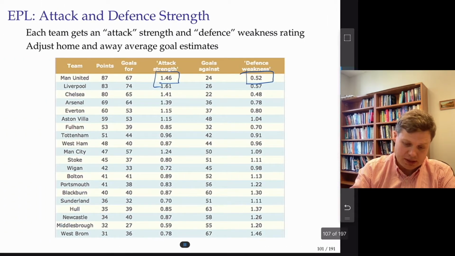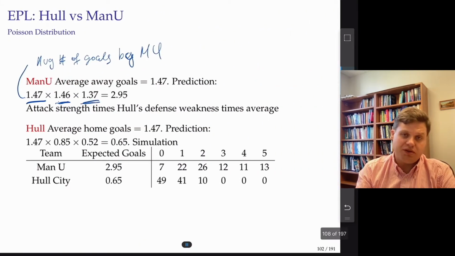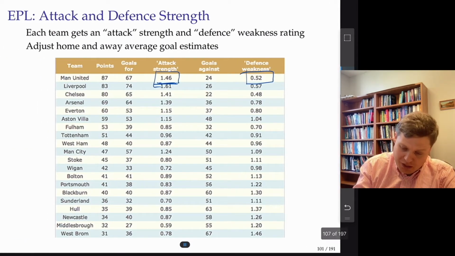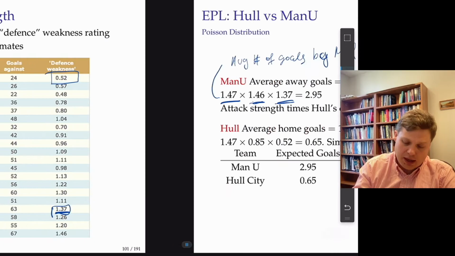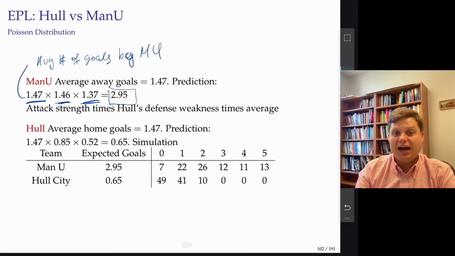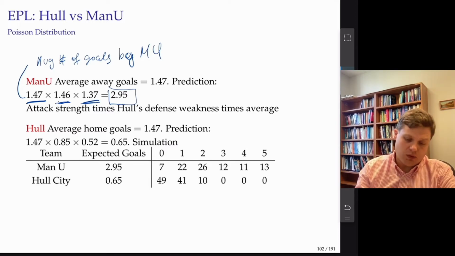Manchester United has the strength of 1.46, and then we multiply by the weakness of the opponent, which is Hull, 1.37. And then we get this adjusted number, 2.95. And this is the number of goals we expect Manchester United to score when they play against Hull.